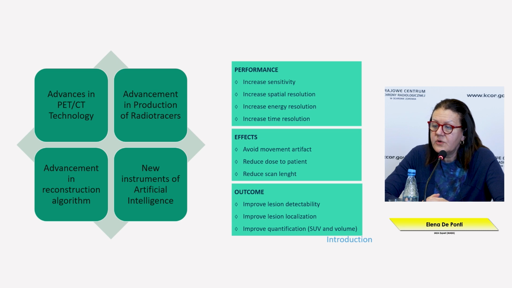And we need also to improve energy and time resolution to be able to be more efficient in the collection of coincidences. As an effect on the images that we will acquire, we want to avoid the movement artifact, but we have also the purpose, if possible, to reduce the dose to the patient.